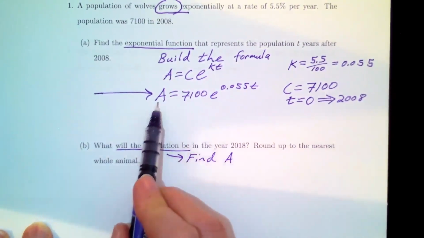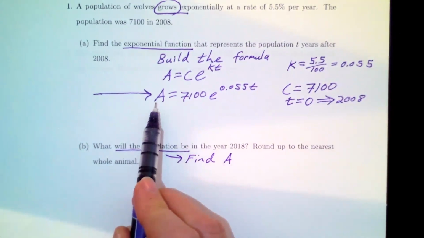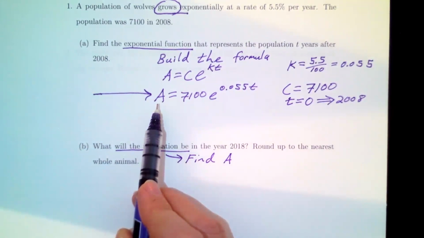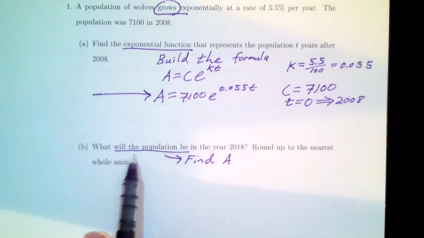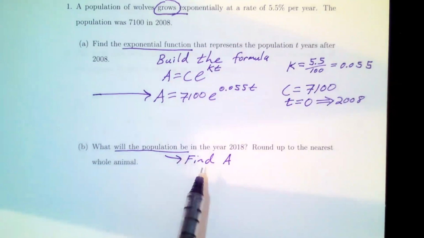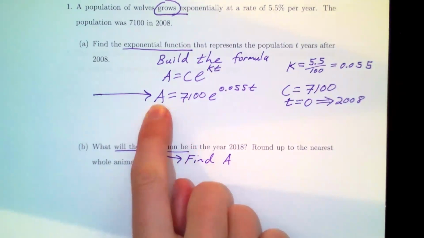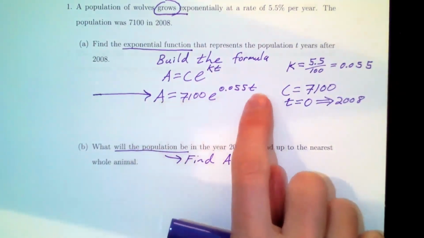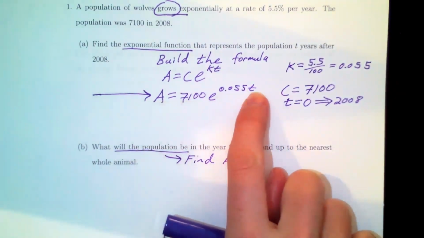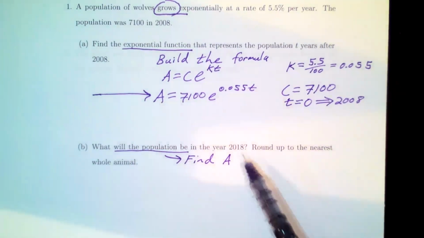And that represents A. When you're using PERT, A was a future amount of money in the account. In this context, A represents a future population of wolves. So if they want to know what will the population be, they basically want you to punch out what A is. And if they want you to punch out what A is, that means that you've got to have a t to plug into this formula to get A. Now, what is the year that they want me to find?